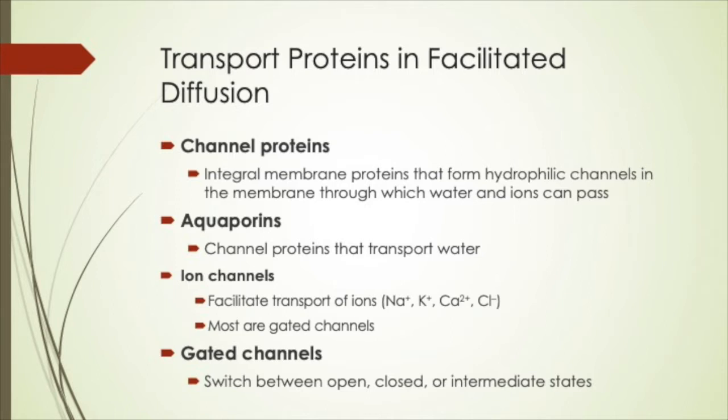Examples of transport proteins: channel proteins. These are integral membrane proteins that form hydrophilic channels, right? So if you have these hydrophobic barriers, you want the water to transport through because cells need water in order to function, right? And so you have channel proteins such as aquaporins that only transport water.